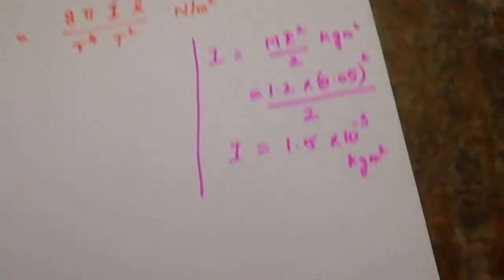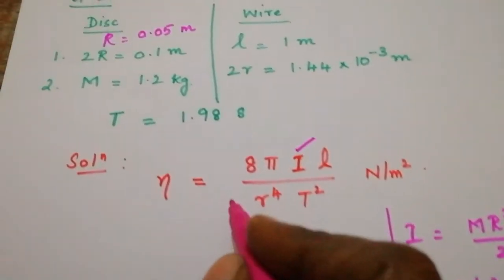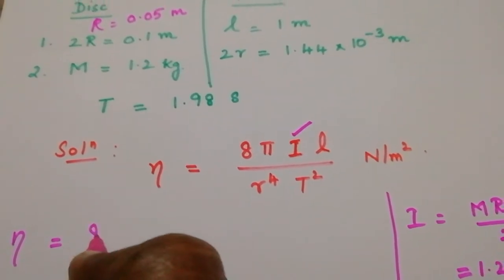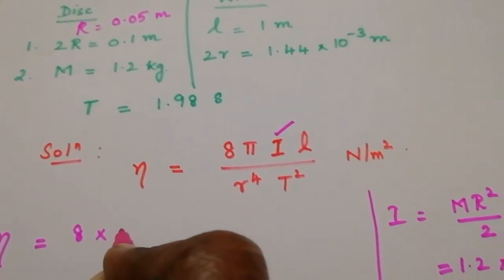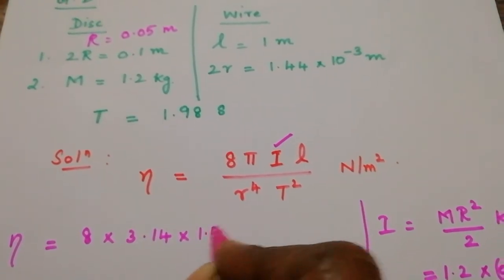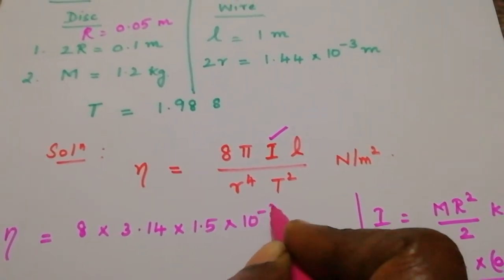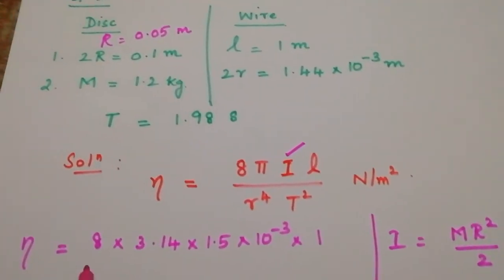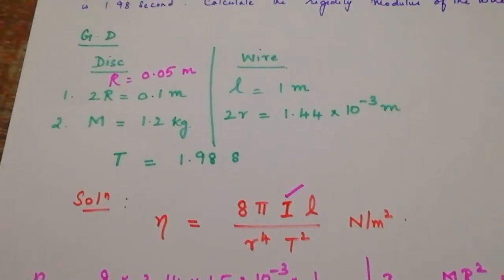Substituting the I value in this formula, I get eta = 8 into π (3.14), I is 1.5 × 10^-3, L value is 1 meter, divided by R^4.